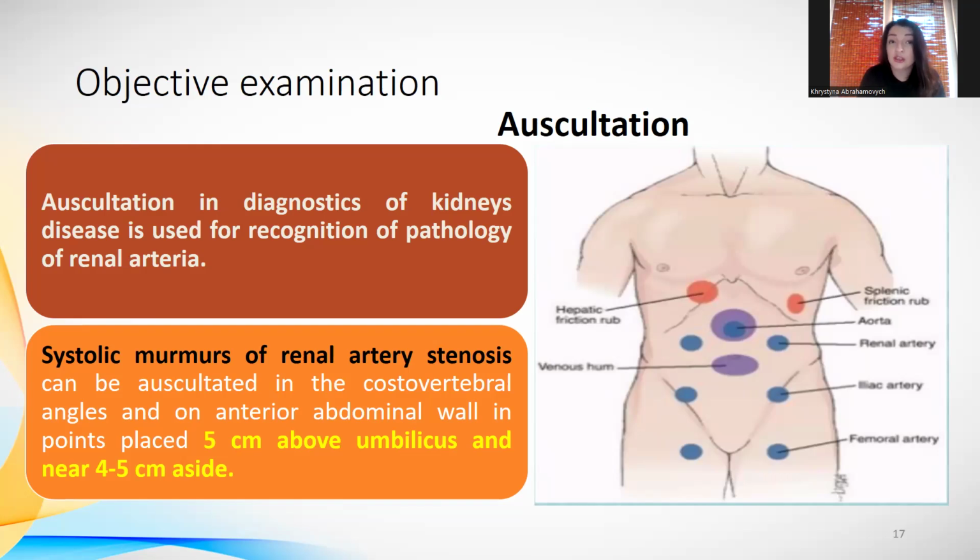Auscultation in diagnosis of kidney disease is used for recognition of pathology of the renal artery. The systolic murmur of renal artery stenosis can be auscultated in the costovertebral angles and on the anterior abdominal wall in points placed 5 centimeters above the umbilicus and near 4 to 5 centimeters aside.